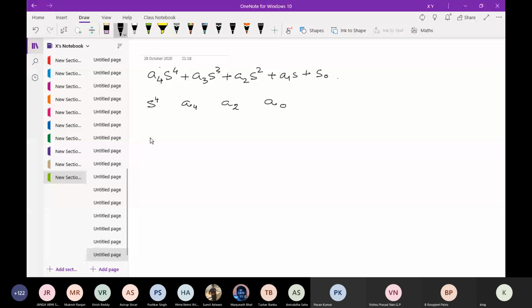Then, let me just space them out. Then we have S cube, and corresponding to that I'll have A3, A1, 0. Now this is how the cross multiplication goes.